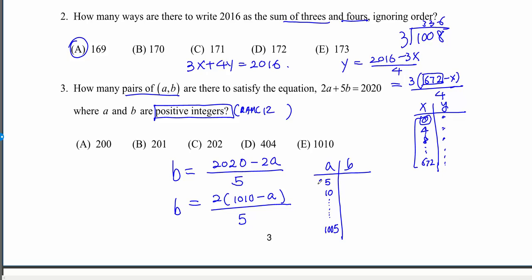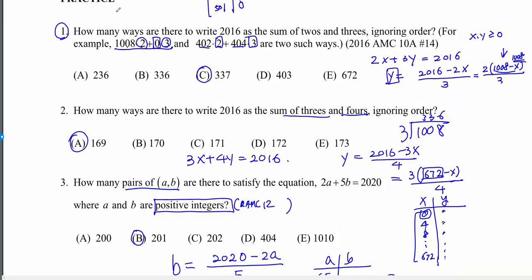How many numbers are there? 201. Yeah, 1005 divided by 5, right? Yeah. That's the formula to find the multiple, okay? 201 numbers, okay? Yeah. Excellent, very good. But don't forget this one, okay?